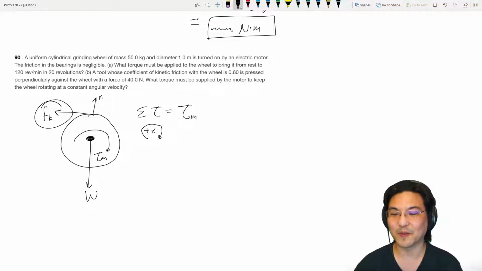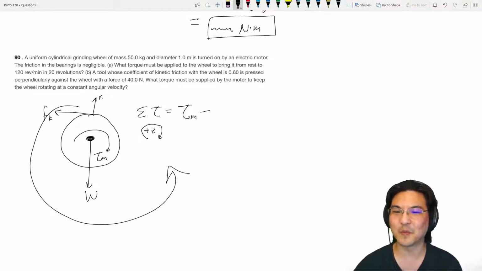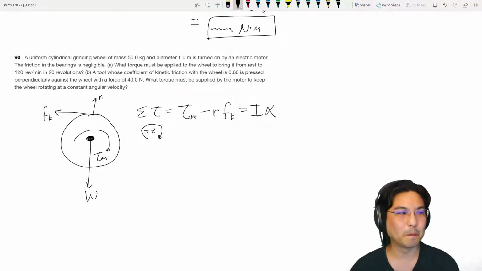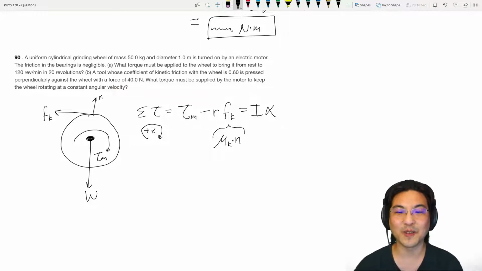There would be torque from the friction, which is this far, which is R, in the negative direction, because the torque from the friction would be going this way, in the negative z direction. R F_k equals I alpha. And then we also know that kinetic friction is mu k times N, the coefficient of kinetic friction times the normal force.